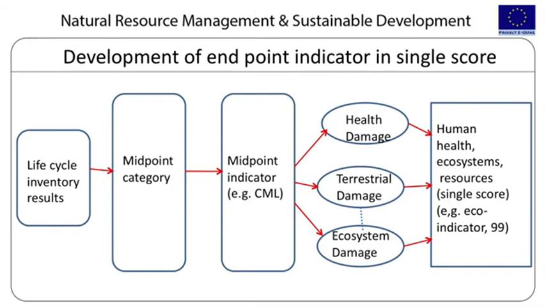Damage oriented methods model the endpoint damage caused by environmental interventions to areas of protection, which include human health, damage to ecosystem, or destruction of natural resources. Sometimes these effects are expressed in a single score by normalization.